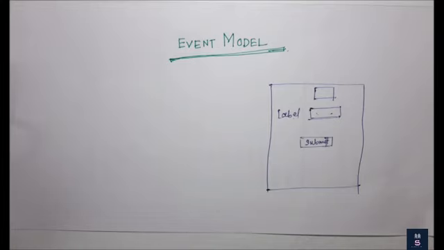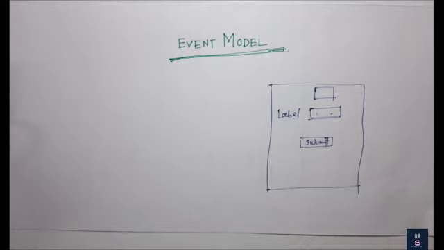So in the event model, the advantage is that we have separated the listener process from the event generator. That means a user interface element is able to delegate the processing of an event to a separate piece of code.